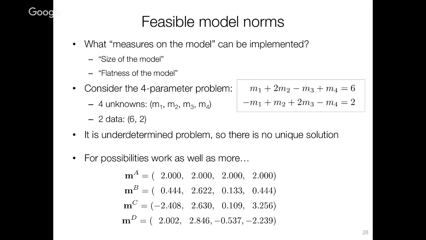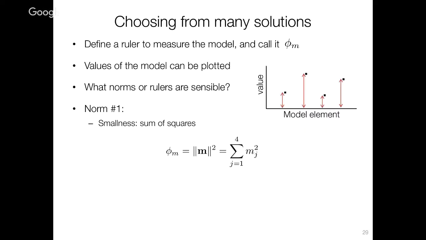I want to choose one, so I want to get to the idea of the rulers. One possibility is that I could make a ruler that measures the size somehow. So we need to have a ruler that could measure either a length or some characteristic of the model.